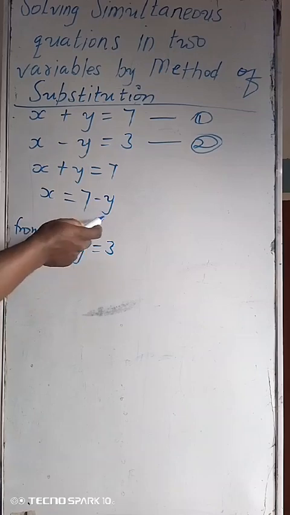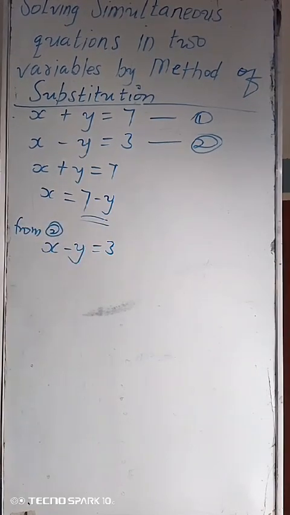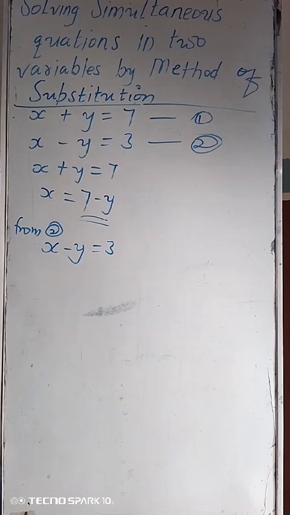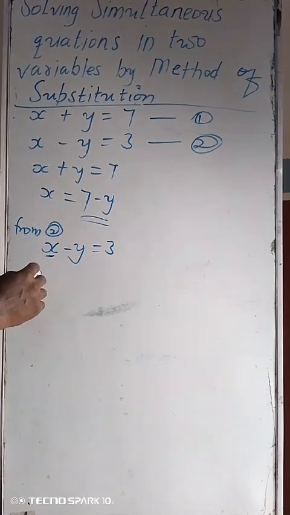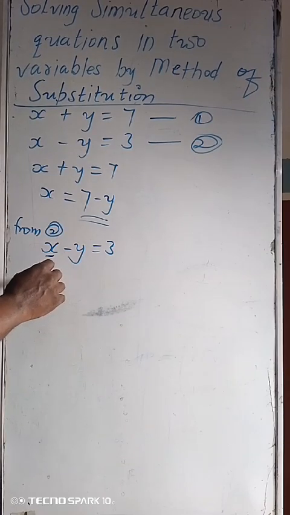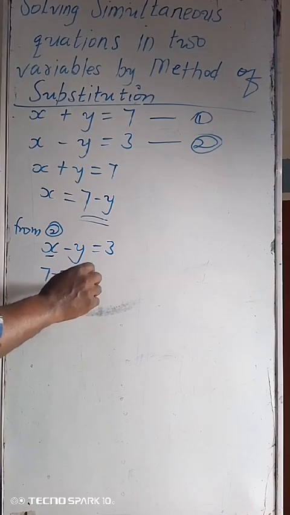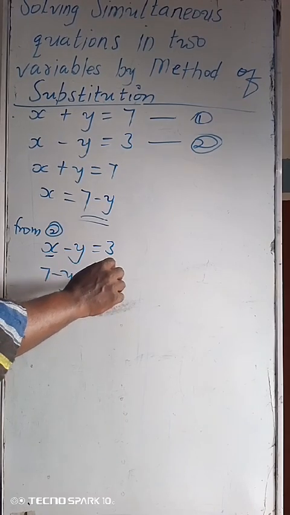But don't forget, our x is now equal to 7 minus y. So wherever I see my x, I will write 7 minus y. Don't forget, there is already a minus y there, which is equal to 3.